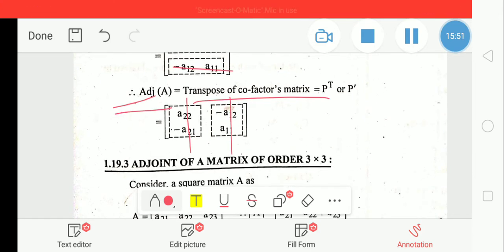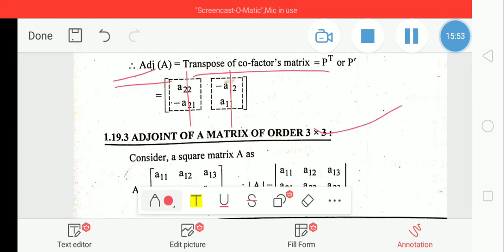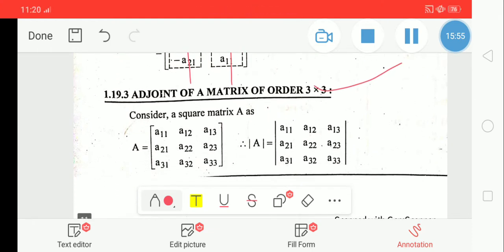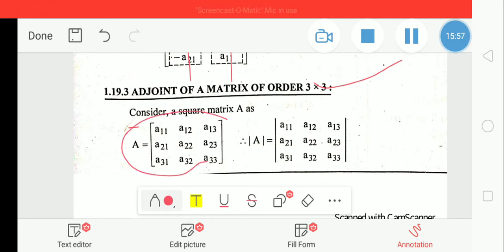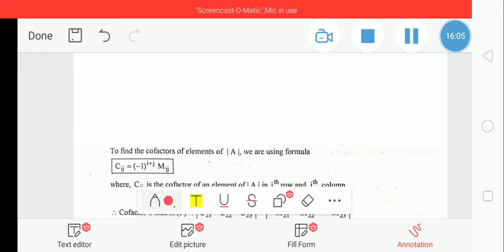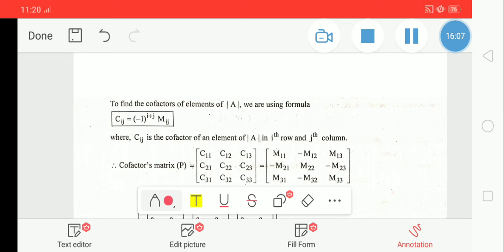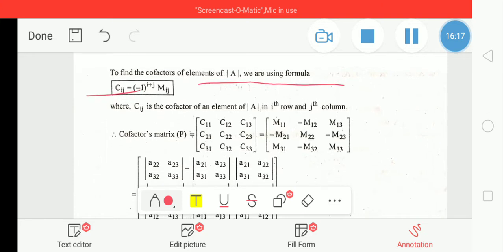So adjoint of A. Now here also a 3 cross 3 matrix, the same. This is the matrix. We can write mod of A, means determinant. Now first finding the minor of an element and the cofactor of that element, by using this formula, Cij is equal to minus 1 raised to i plus j times Mij.